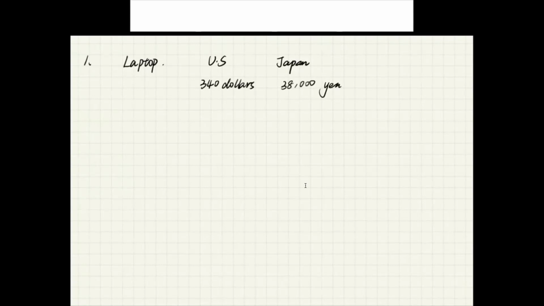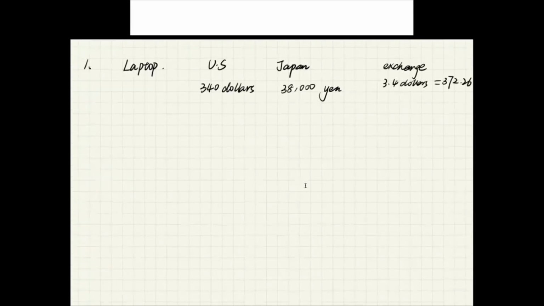Now you know that if you want to exchange currency, 3.4 dollars are equivalent to 372.26 yen.